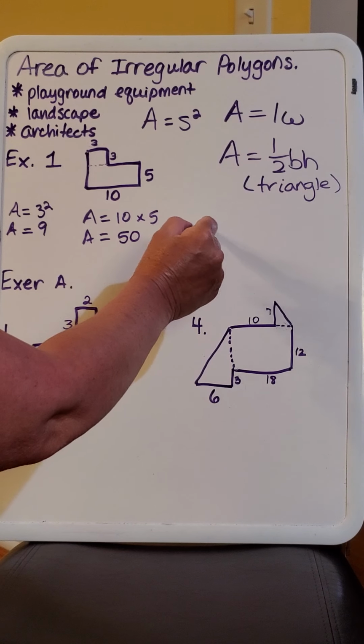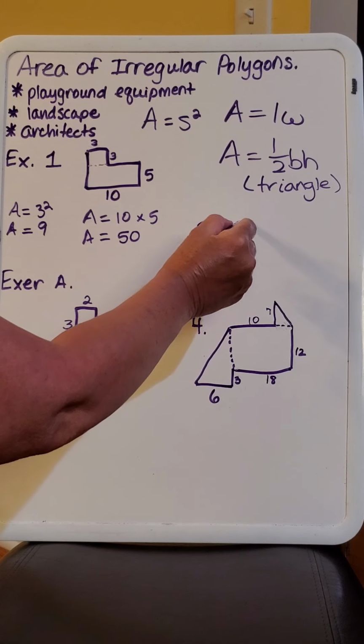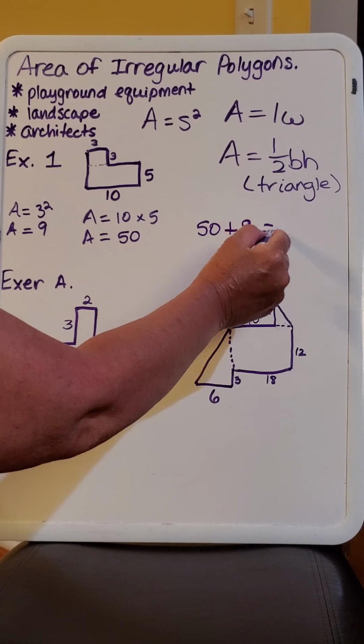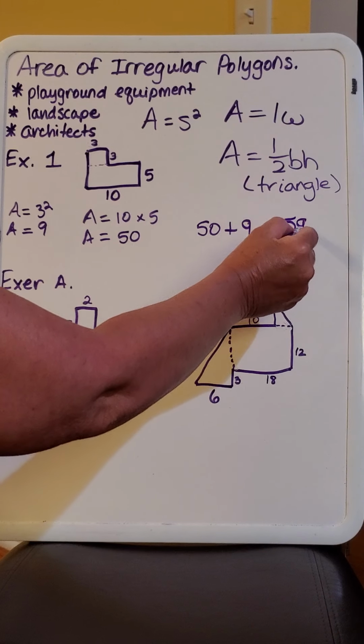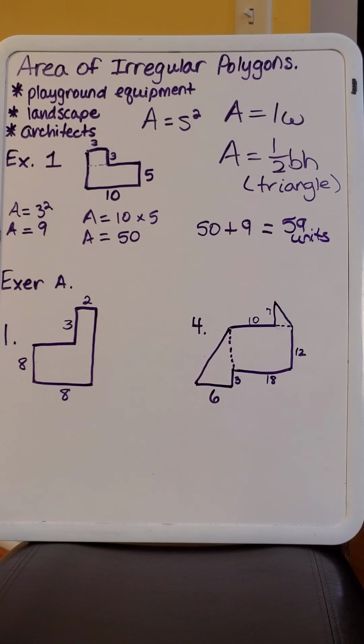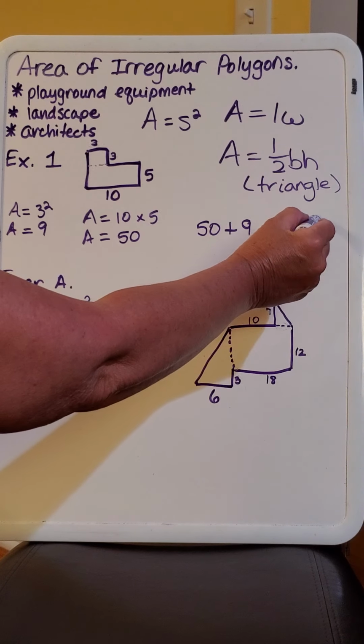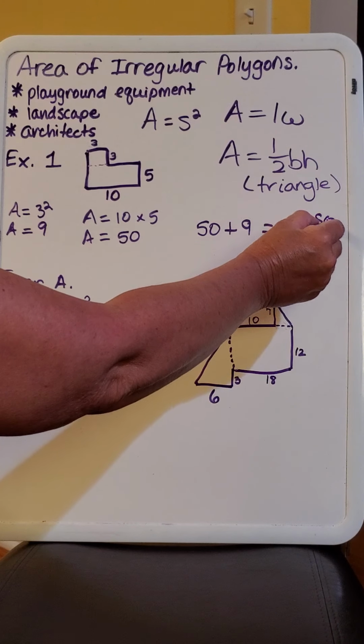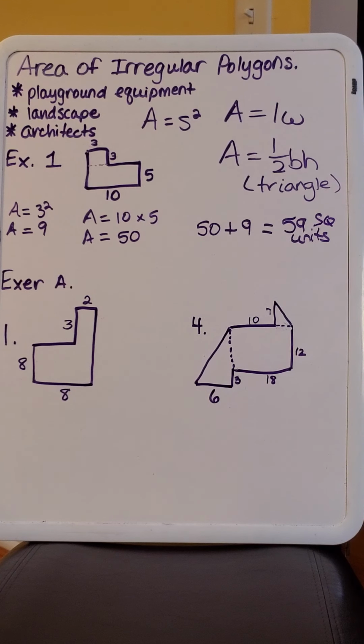So 50 plus 9 is equal to 59 units. It doesn't give us a specific unit such as centimeters, so just put units. So there are 59 square units in that irregular polygon.